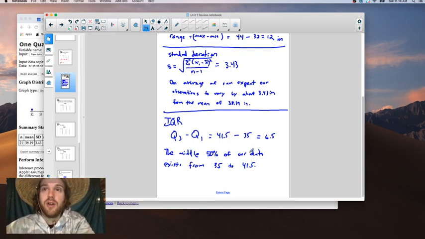I should say the middle of our data, we should say of our class's limbo fail heights. We want this in context.